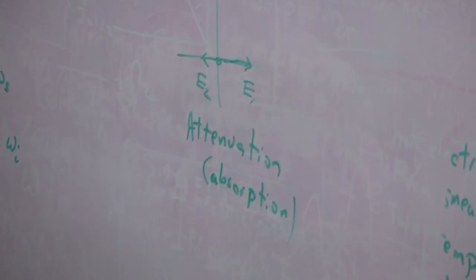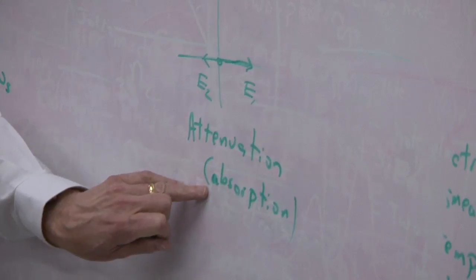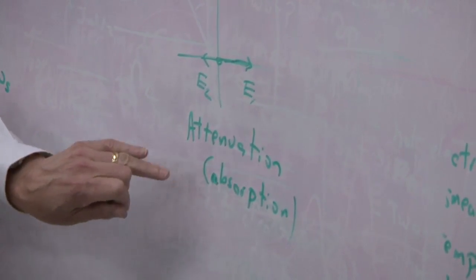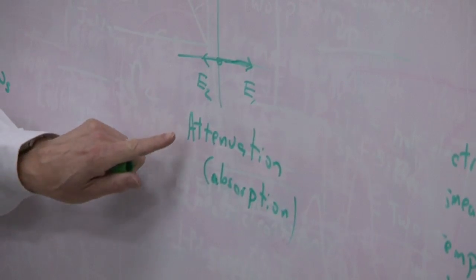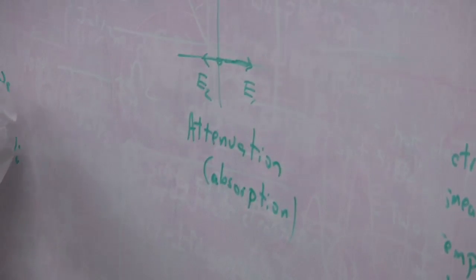I will distinguish, at least semantically, between attenuation and absorption. Well, those of us who believe in energy conservation, they're probably equal to one another. But by attenuation, I mean that the field in the forward direction becomes less strong.